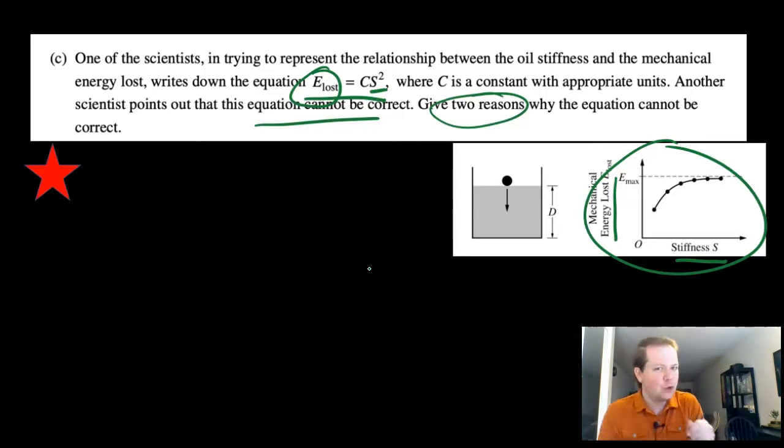Again, I don't know for sure how they would have graded that. Maybe College Board would have been super lenient, but some people said like, oh, this graph is asymptotically approaching some vertical value, some y value. There's reason 1. And then reason 2, you said this equation doesn't match the graph increasing by less and less and less.